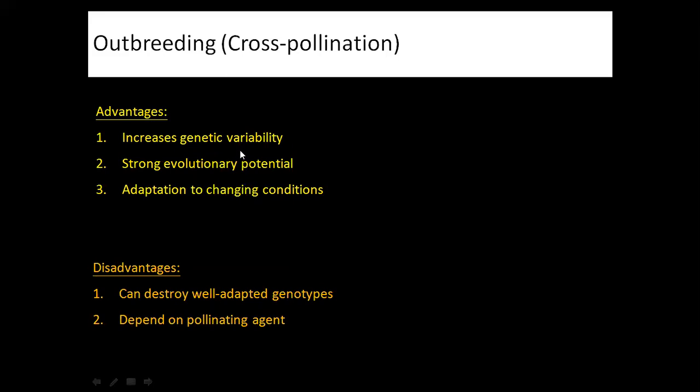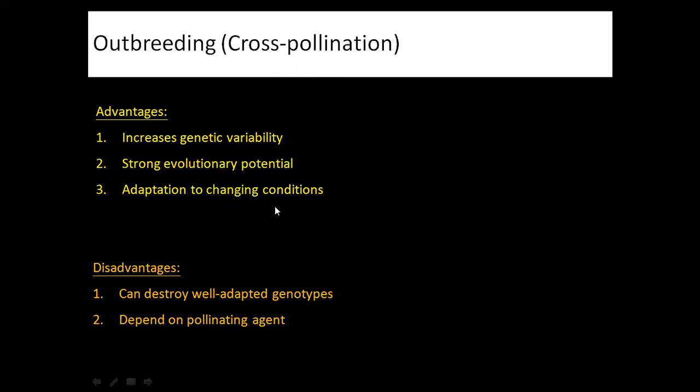So it means those plants that develop through cross pollination have more chances of evolution. They have strong evolutionary potential.